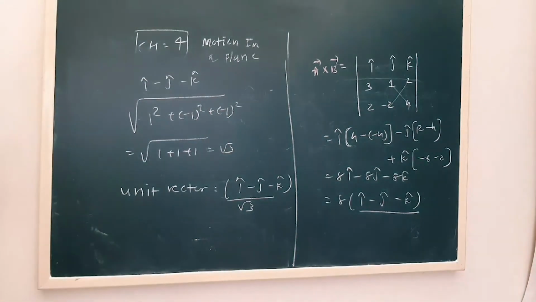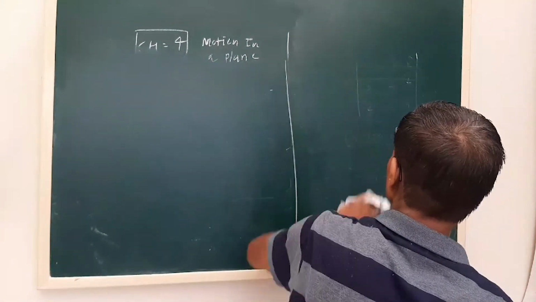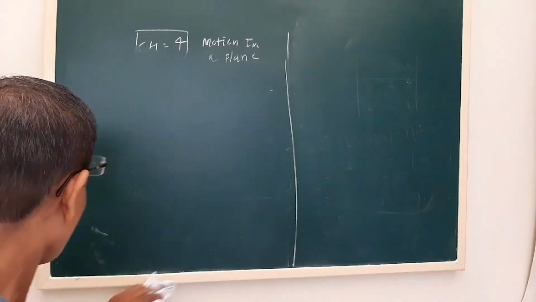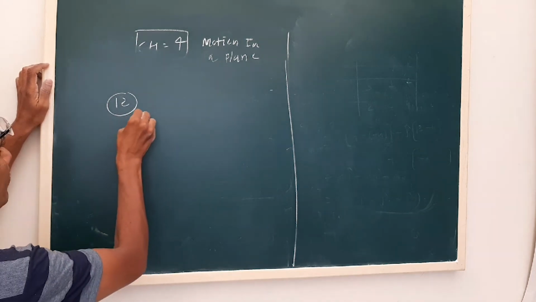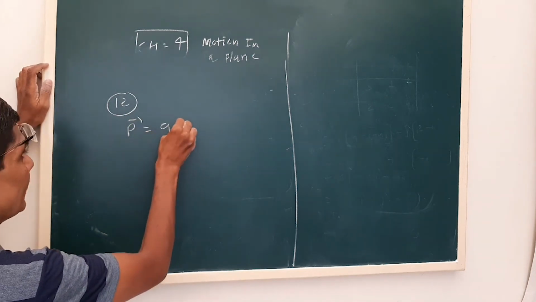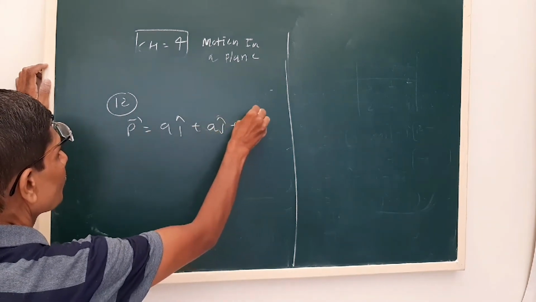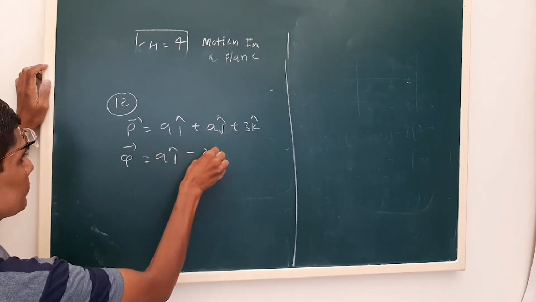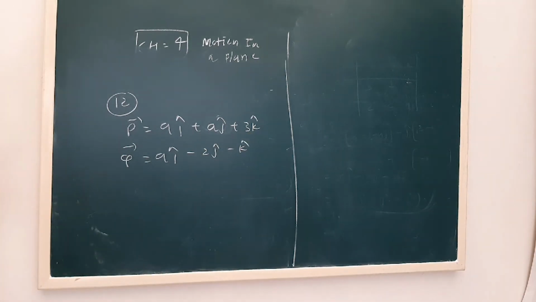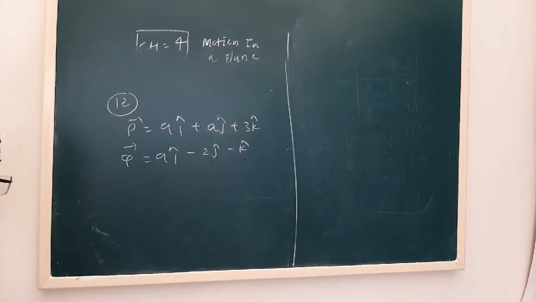Okay. Now one more question. Now P is equal to, the vector is given, AI plus AJ, and Q is equal to AI plus AJ plus 3K, AI minus 2J minus K caret.